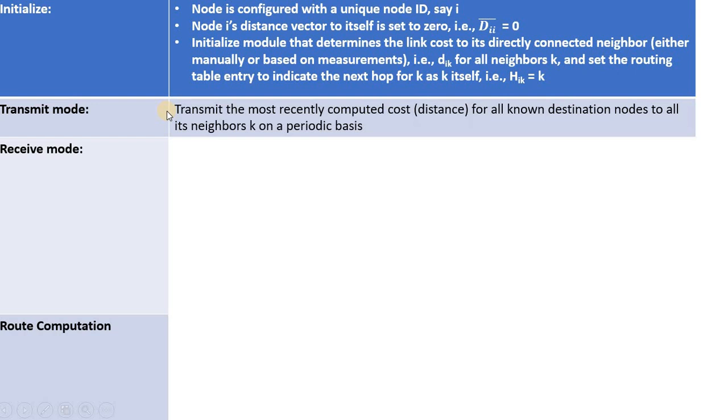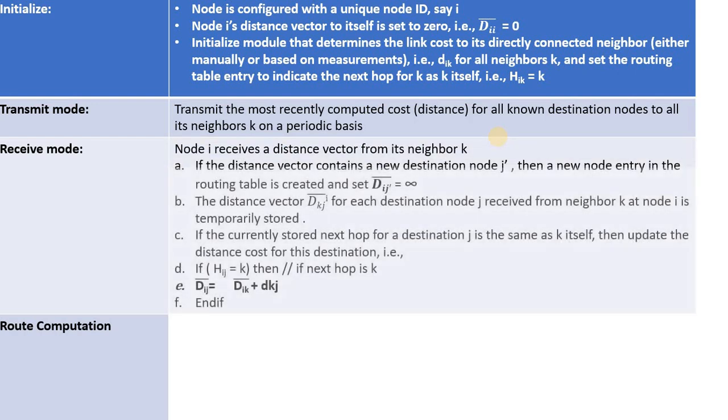In transmit mode, the most recently computed cost for all the nodes and destinations is sent. In the previous example, we have seen that node 2 has the computed cost, and it is sharing it with node 1. And receive mode: once node 1 receives the computed cost, what happens? The distance vector contains the new destination node j dash, that is, when node 2 introduced new nodes.